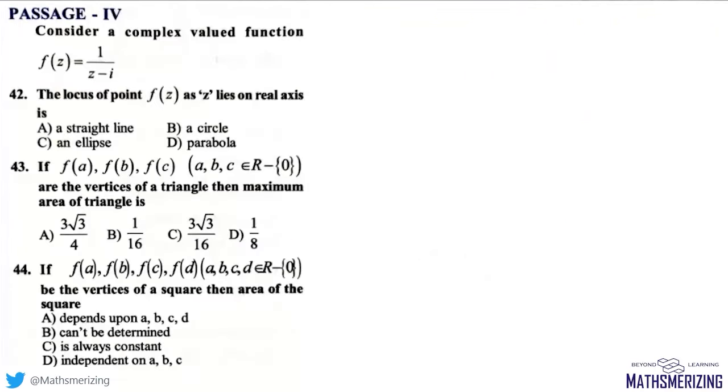Now here the question is: consider a complex valued function f(z), and it is given by 1 upon z minus iota. It says the locus of point f(z) as z lies on the real axis is. Now if z is real, say z is x, then we can write f(z) as 1 upon x minus iota, and this is equal to say u plus iota v.